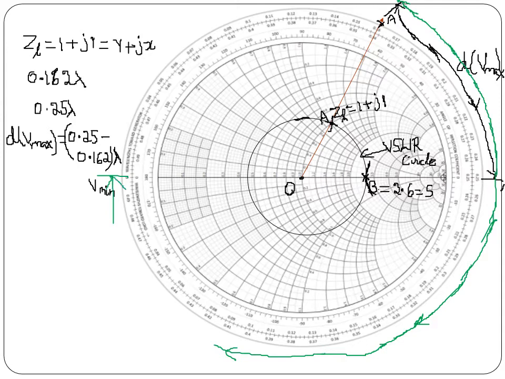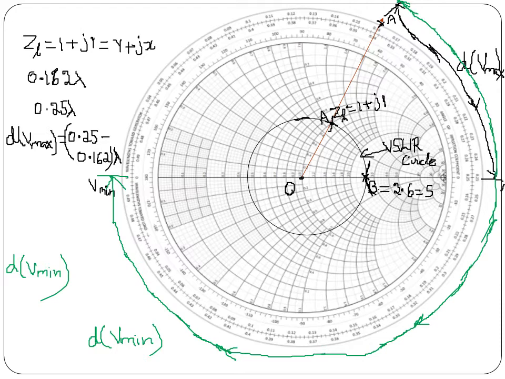If I travel towards the generator, I'll get the distance from the load to the Vminimum position, that is d Vminimum.